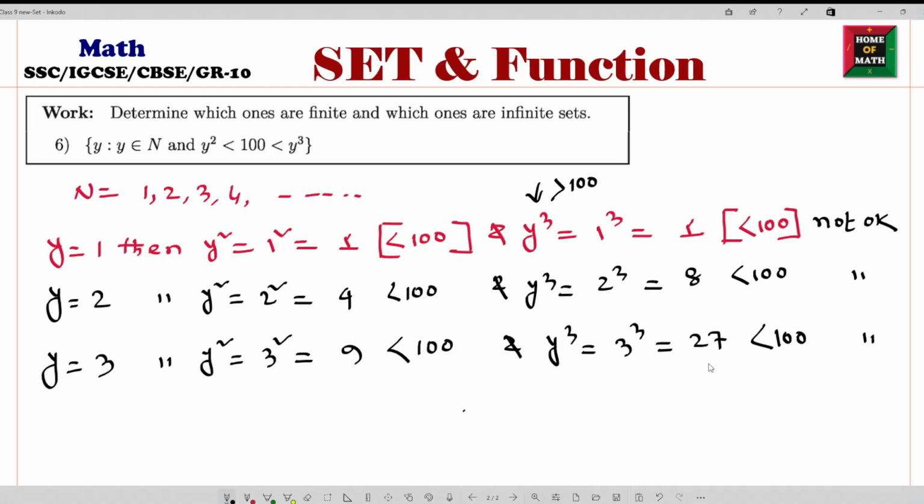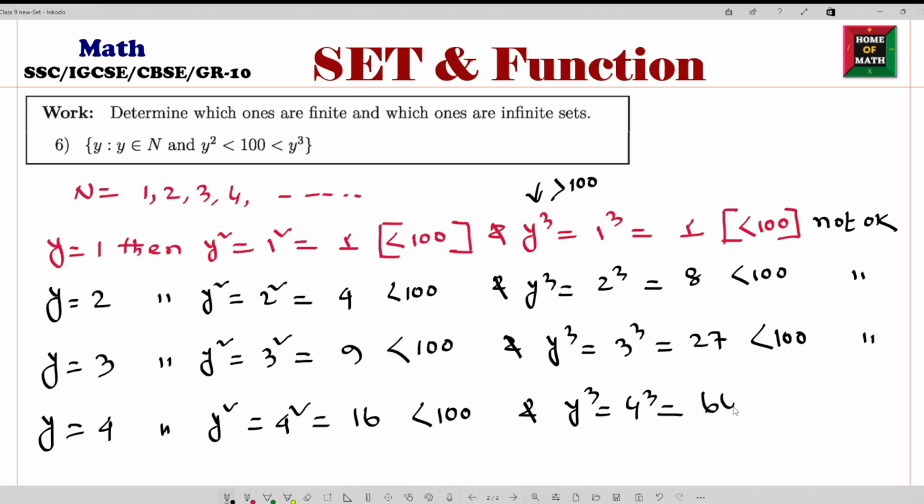We have to find the result where y squared should be less than 100, and y cubed greater than 100. So y equals 4: 4 squared is 16, less than 100, and 4 cubed is 64, less than 100, not okay.